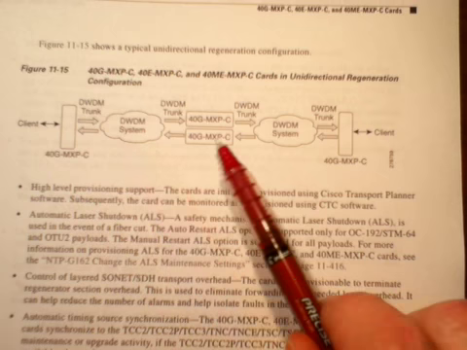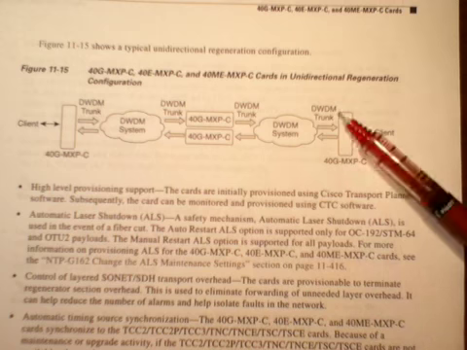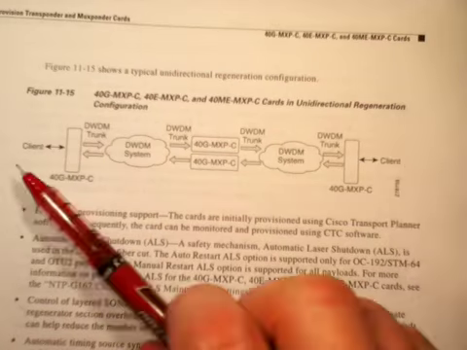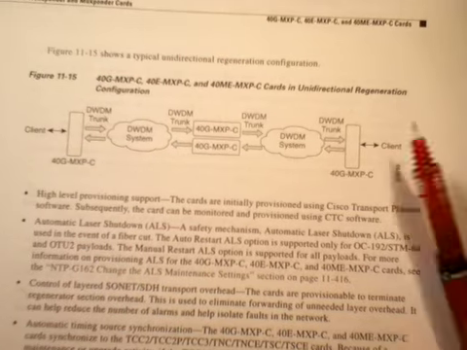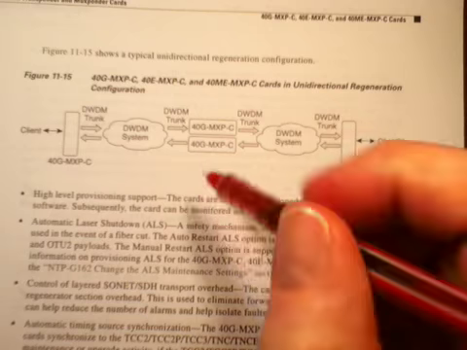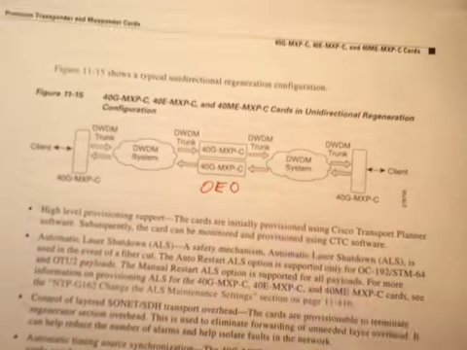And so here we do a complete regeneration, go on to a new DWDM system, and finally break it out to a client system again. So this shows sort of an end-to-end configuration where we have a regeneration, an OEO regeneration in the middle.